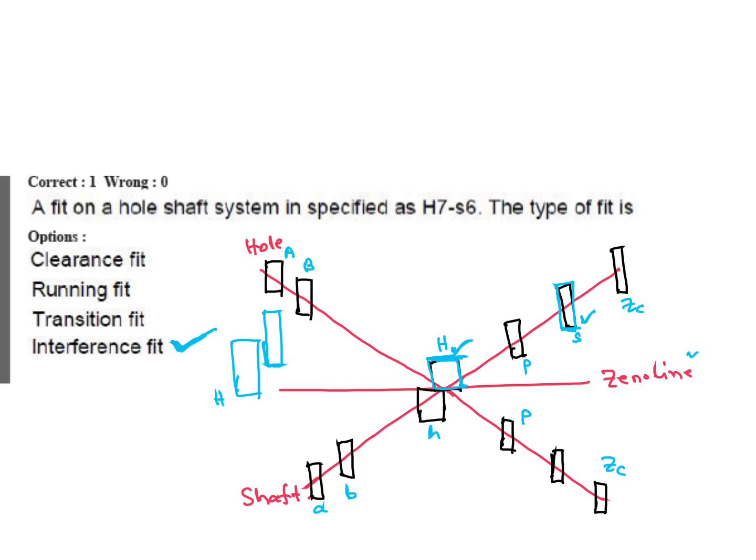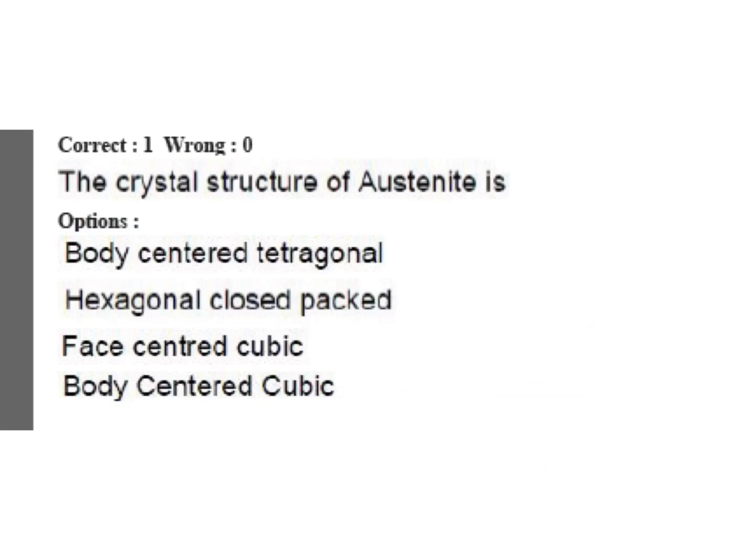So this represents shaft. If like this it comes, it will be transition fit, but here H is here and s is here. So this is interference fit.